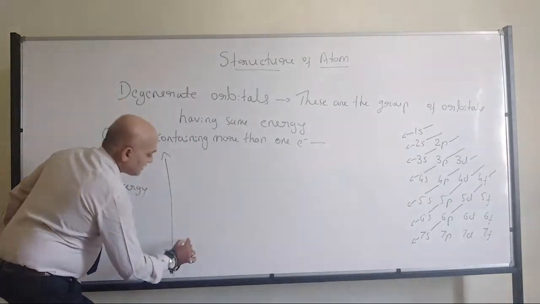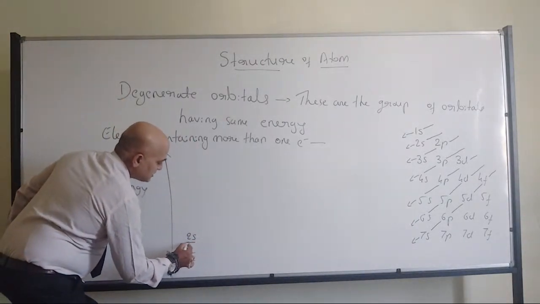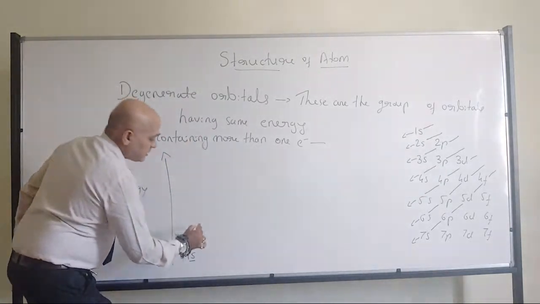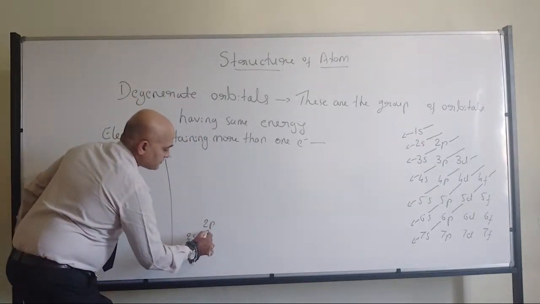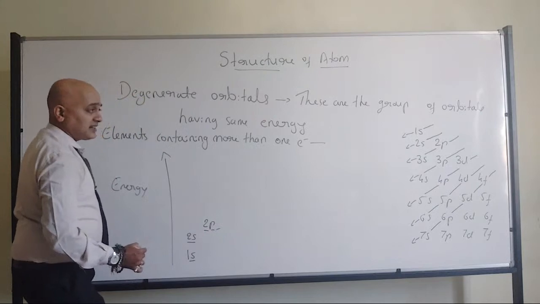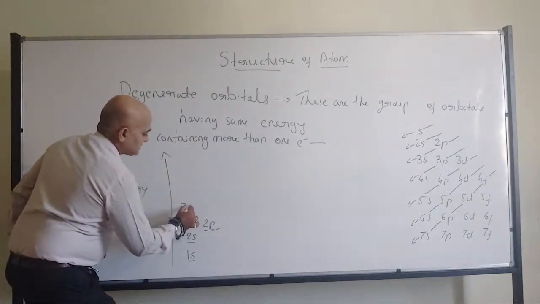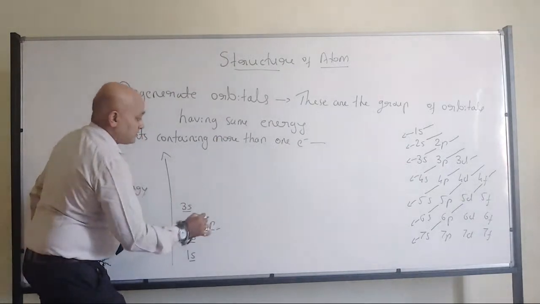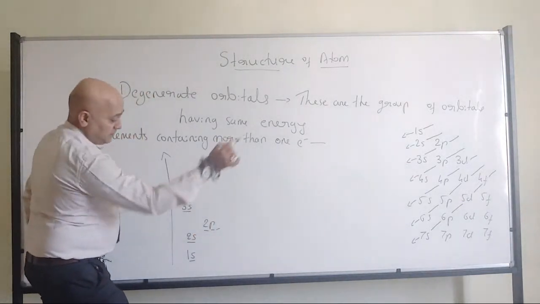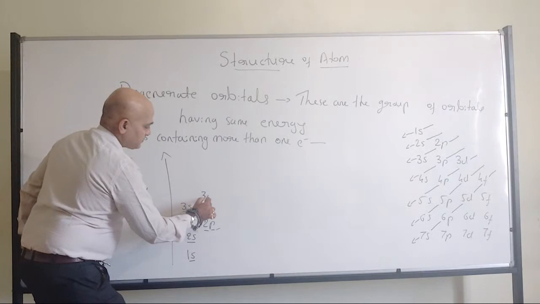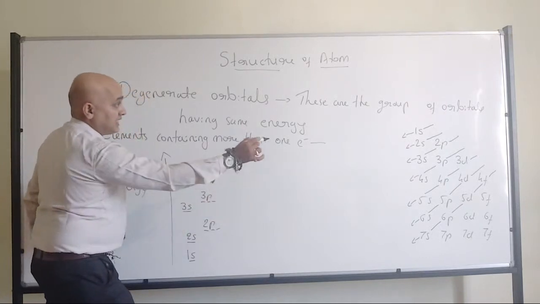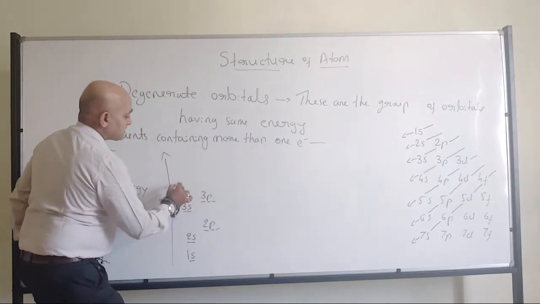Then comes the 2s, which is somewhere here. Then comes the 2p, with 1, 2, 3 orbitals, right? Now 3s, which is one orbital. Then comes the 3p, which will be a bit higher, with 1, 2, 3 orbitals.